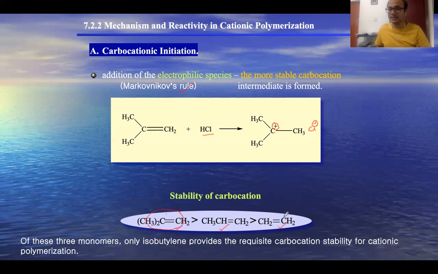Propylene and ethene don't usually undergo cationic polymerization because they are not able to sufficiently stabilize the generated carbocation. So only isobutylene is stable enough to really undergo the propagation steps in a cationic polymerization.